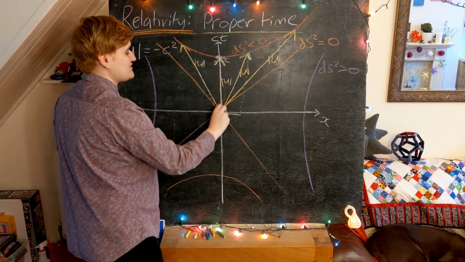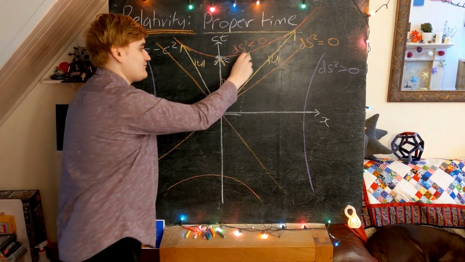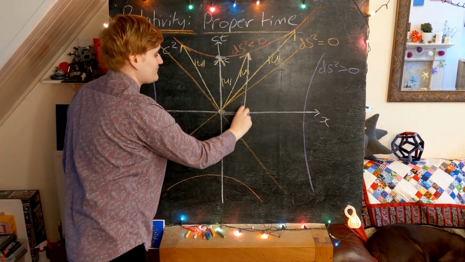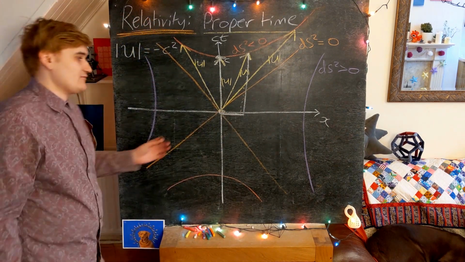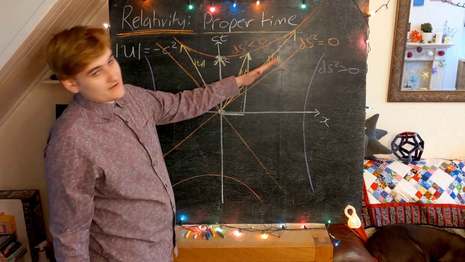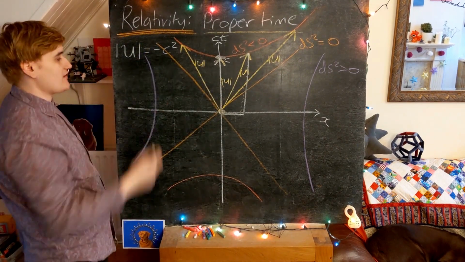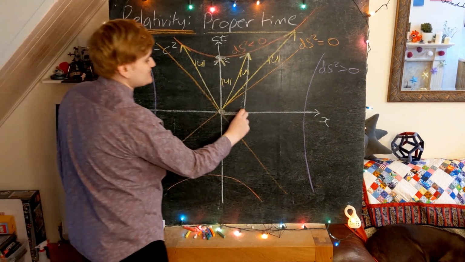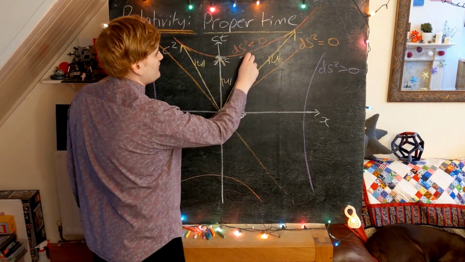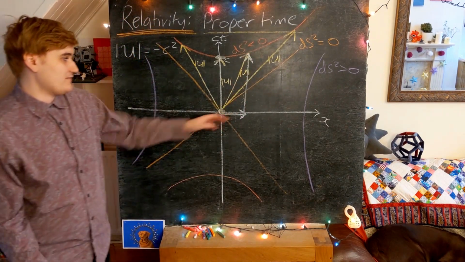This stationary vector here has no x component, but if we look at this vector here, it does have an x component. So as this vector varies throughout this space-time diagram, its length has to be fixed, and that length is then effectively distributed over a space and time component in this way.